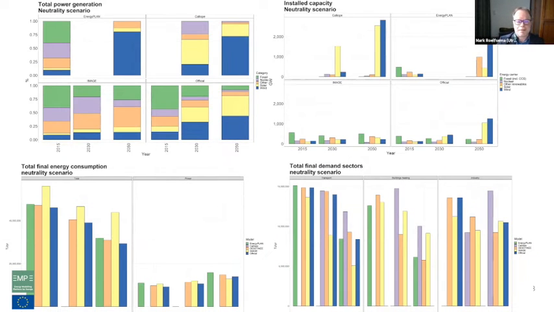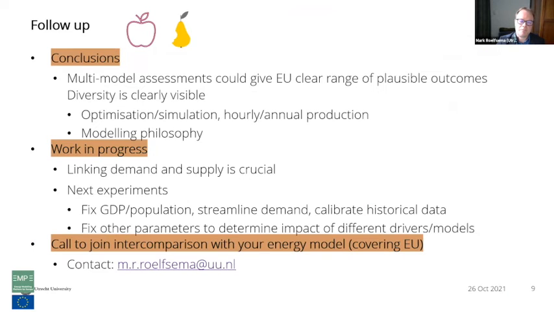Well, the main conclusion is that the current first results show very diverse results from these models. It's very interesting to think about what is causing these differences. And I think it's also important for the EU to have these multi-model assessments, so they could have more futures which all include plausible outcomes.